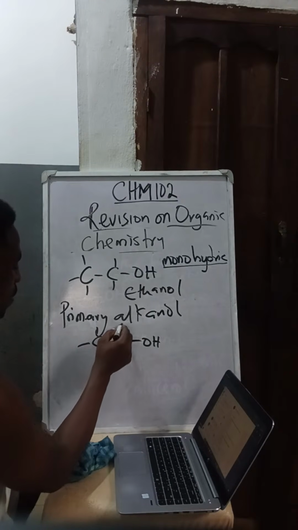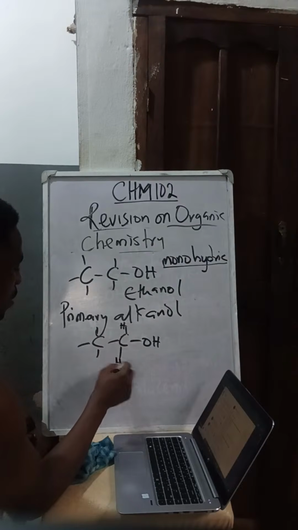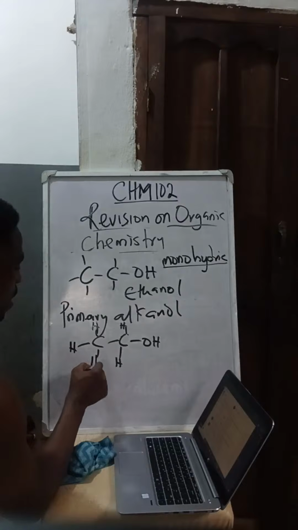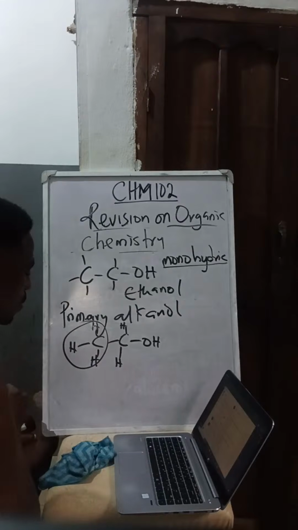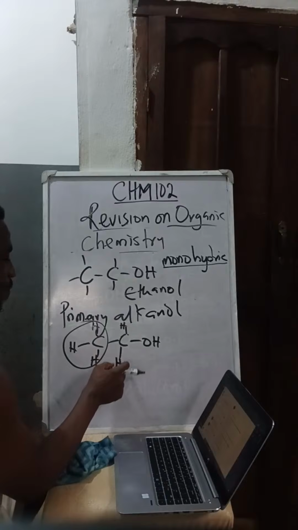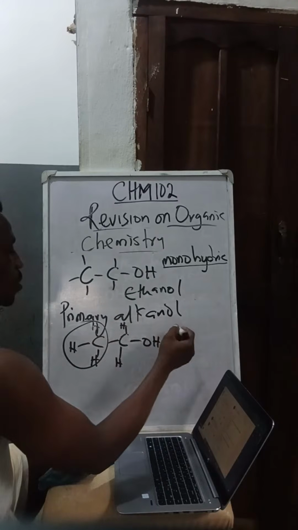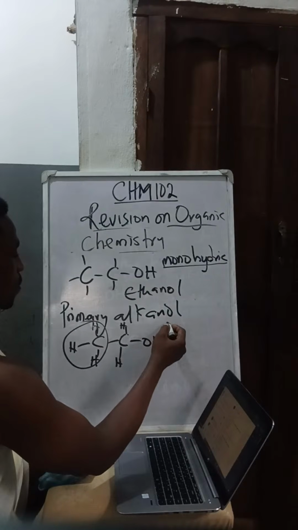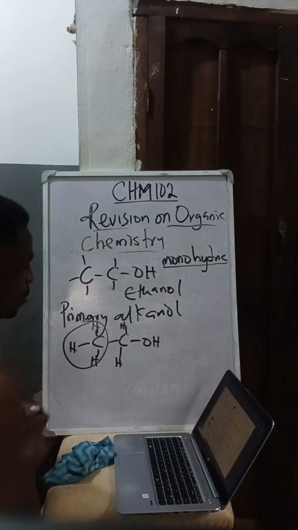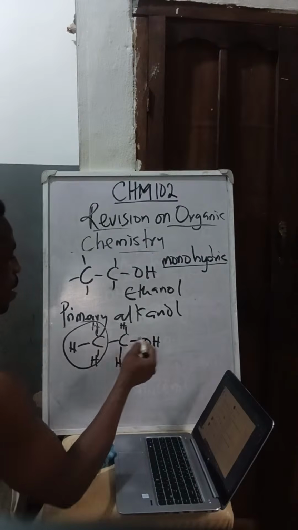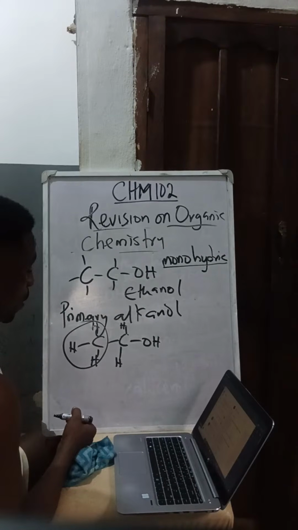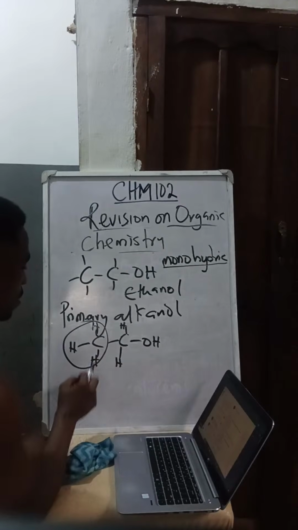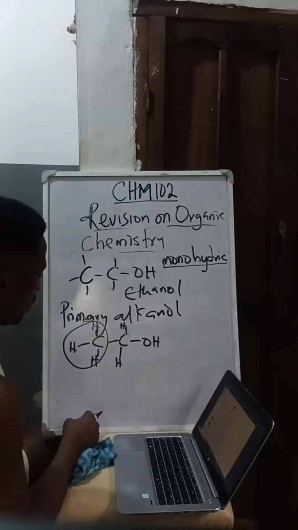At this point, you have H, H, and this is the alkyl group, and we have the presence of two hydrogen. So if we have two hydrogen attached to the carbon atom that has OH, we have primary alcohol. It has two hydrogen attached to this.